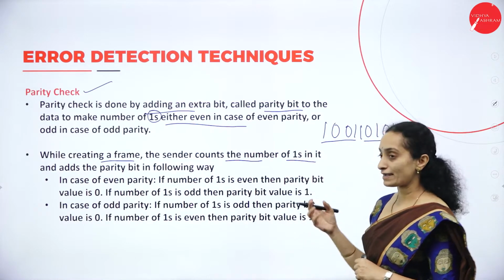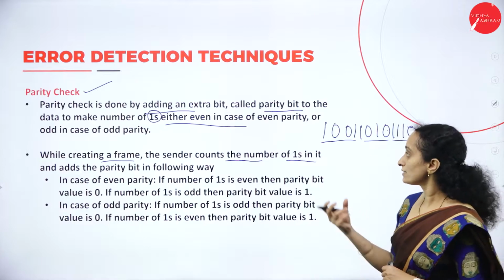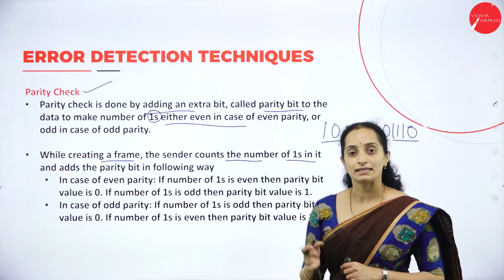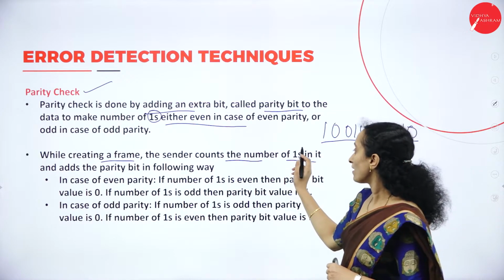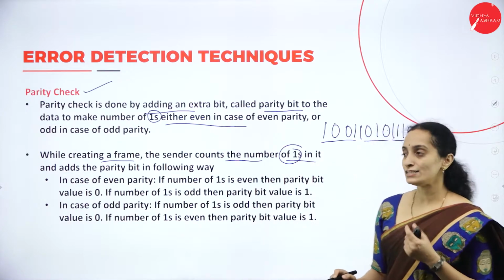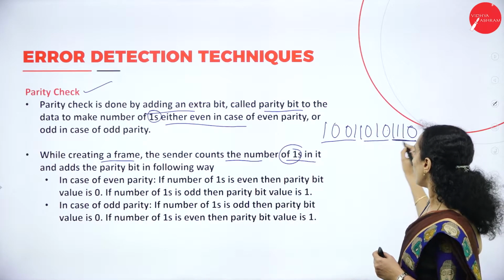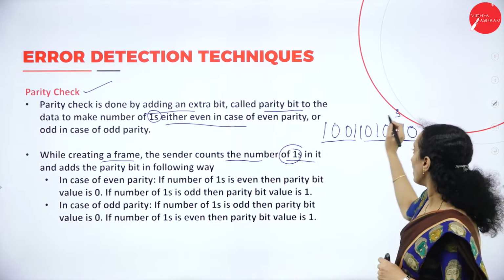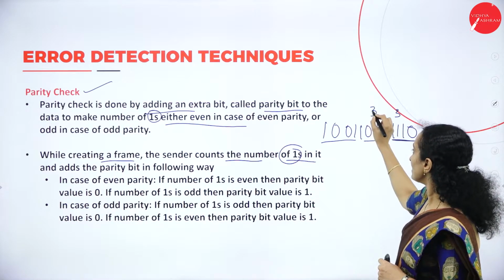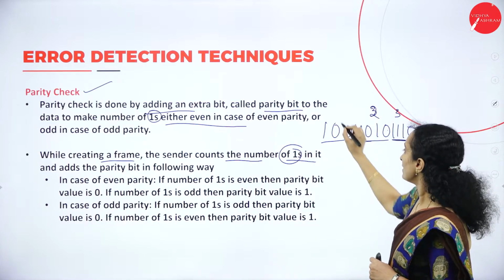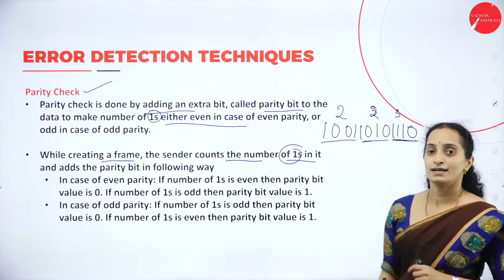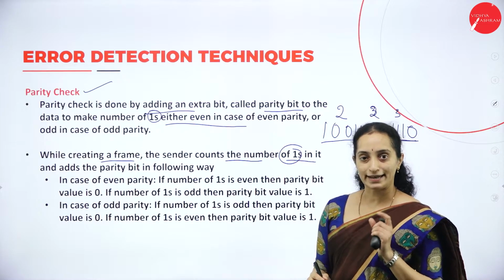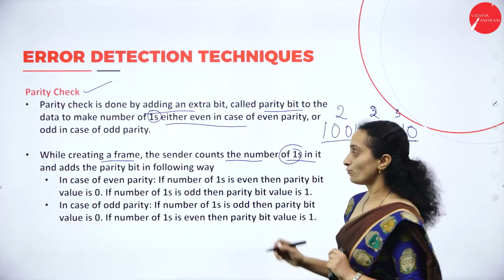If I make it a packet of 4 bits, the error detection technique will count the number of ones in each packet frame. How many are there? In this group, you have 3 ones. In this, we have 2 ones. Again, this data packet has 2 frames.